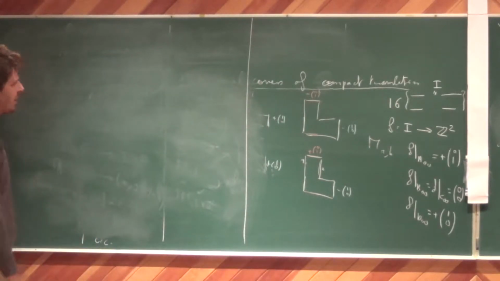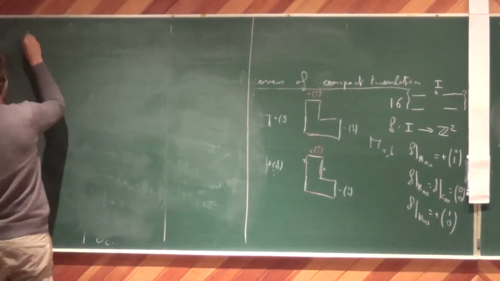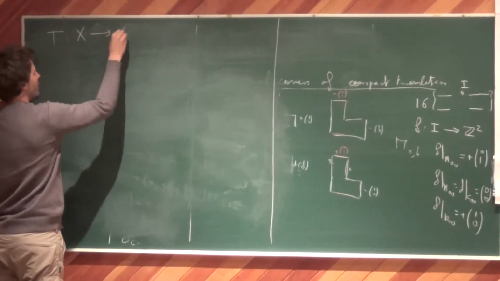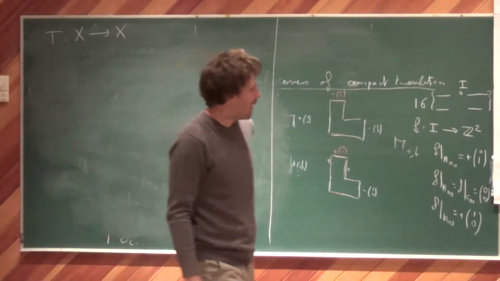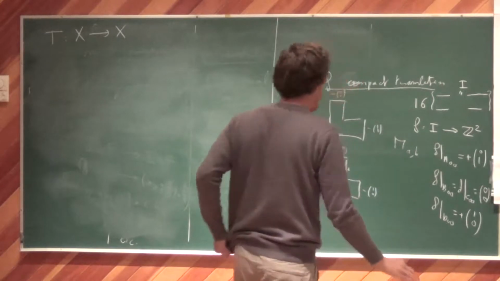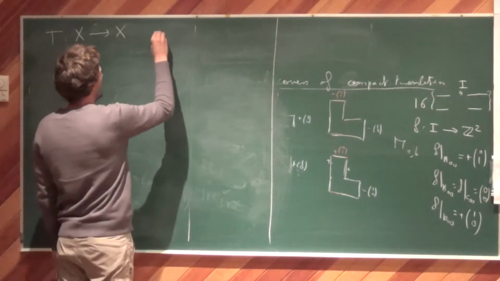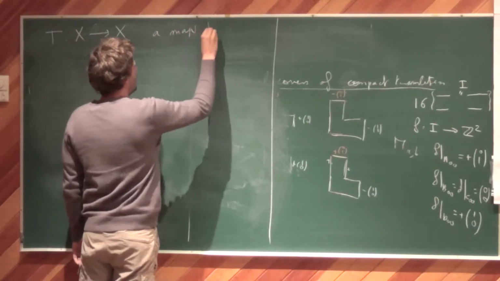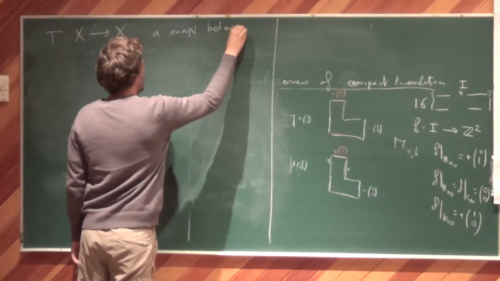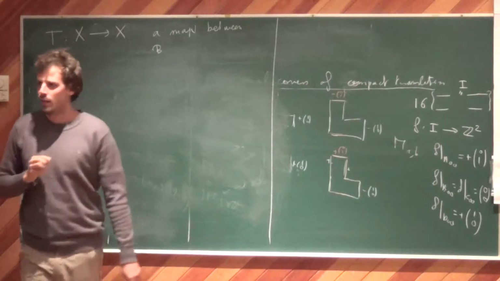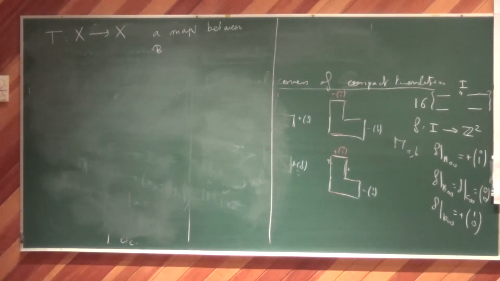So interval exchanges are a bit too particular, so let's consider a map T from X to X, and if you don't want to consider a general map, just think of it as an interval exchange. So a map between Borel spaces. Sorry, Vincent. Yes? Sorry, probably I didn't get it.